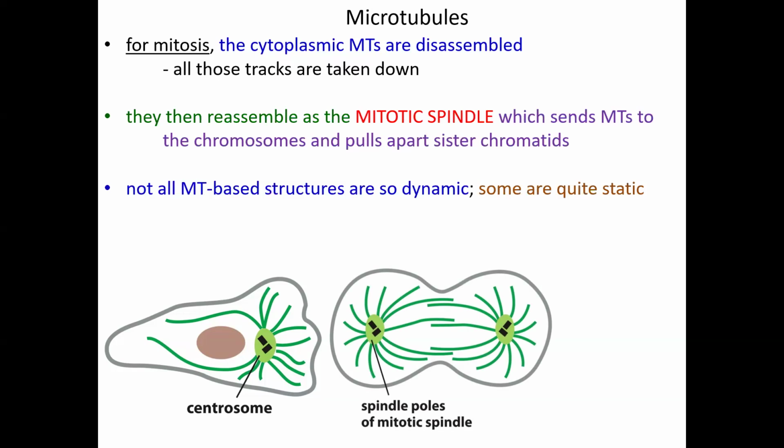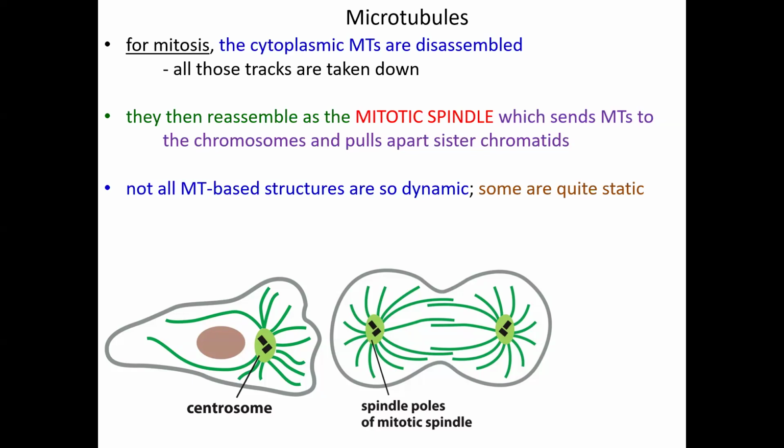Then once mitosis is done, we've got to break down those mitotic spindles and rebuild them into the highways and roadways of the cell so that vesicle transport can occur. And then as we enter prophase again and another round of cellular division, we've got to break down those roadways and highways and rebuild them as mitotic spindles. So microtubules, at least a subset of microtubules, are very dynamic, being broken down and rebuilt, depending on where in the cell cycle, what stage of mitosis the cell is in, if it's dividing.